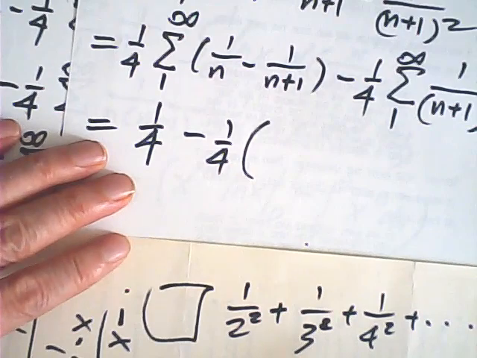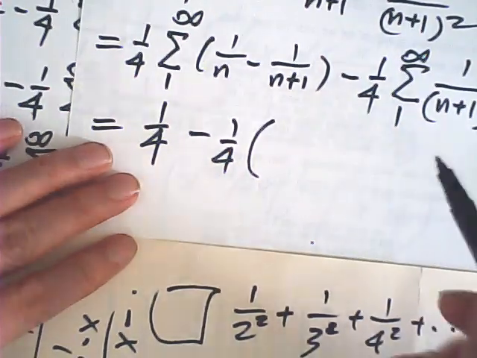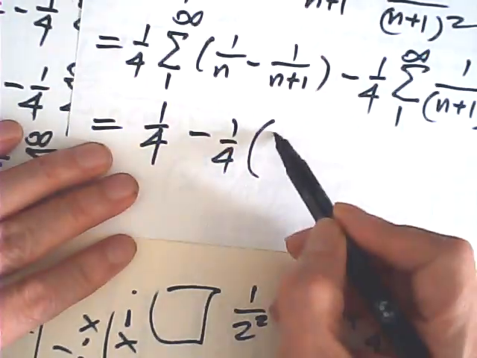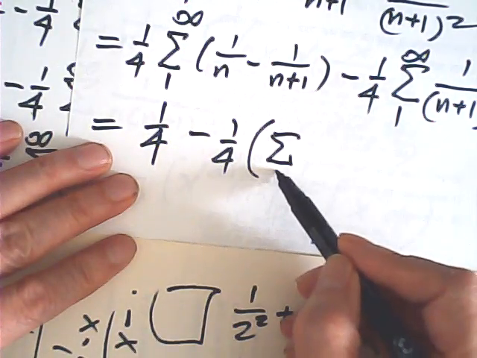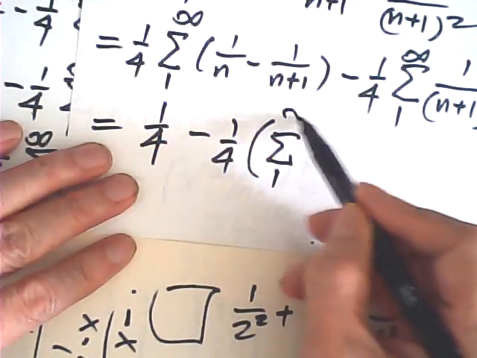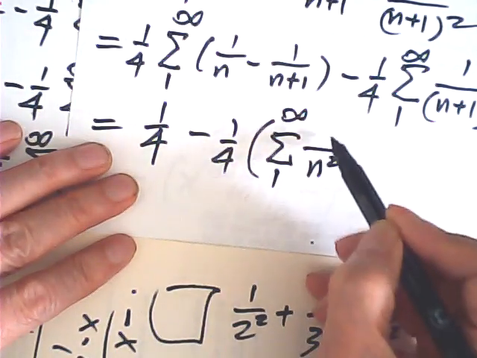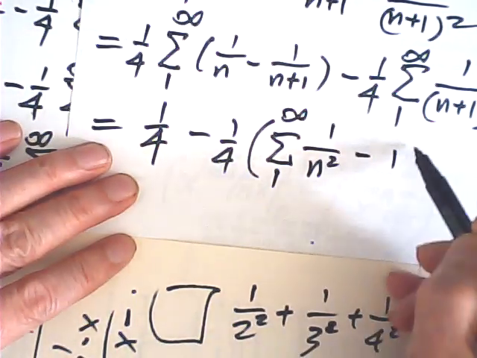So in other words, this will be sigma from 1 of 1 over n squared minus 1.